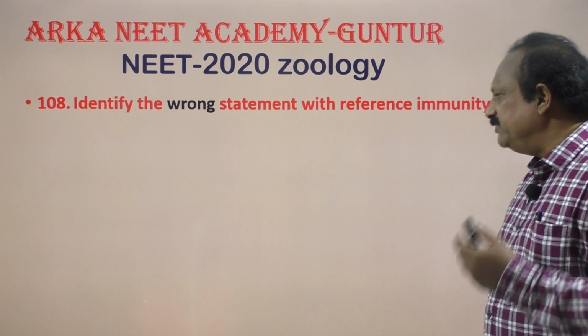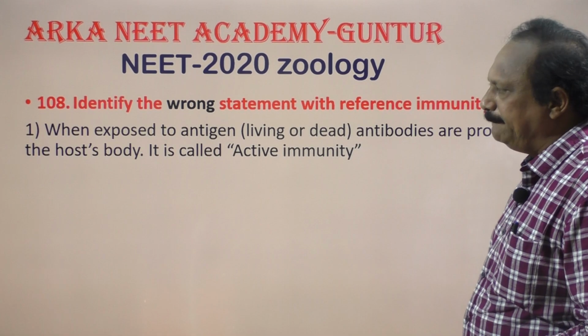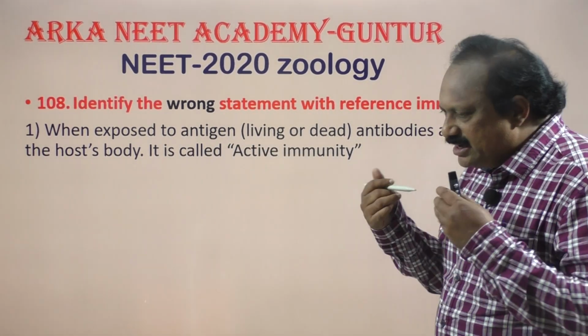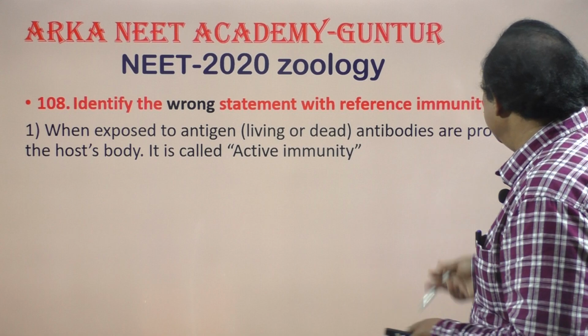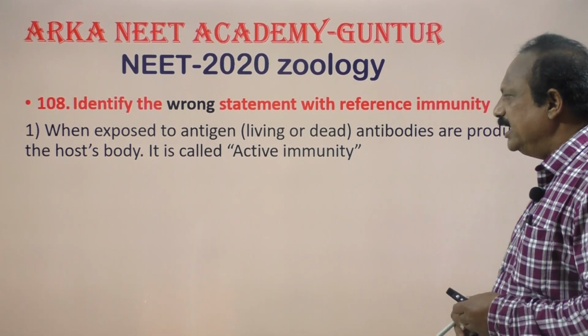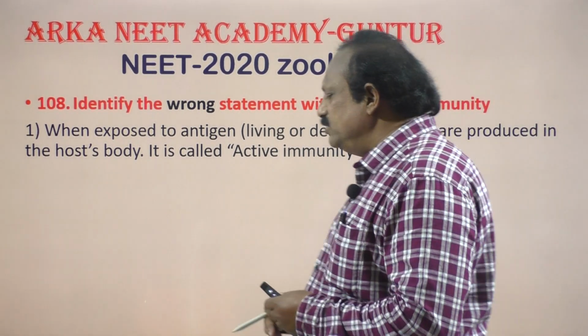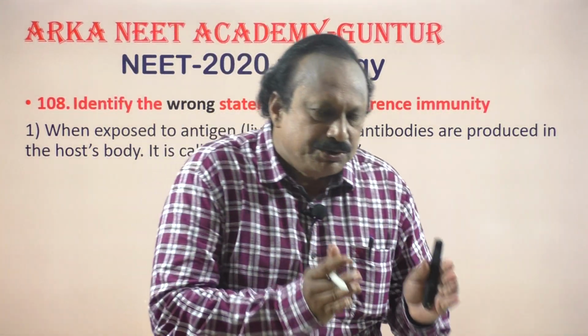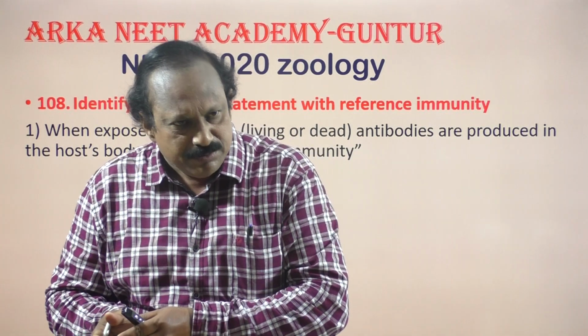Identify the wrong statement with reference to immunity. Next comment. When exposed to the antigen, whether it is living or dead, antibodies are produced in the host body. It is called active immunity. Immunity is of 2 types, active immunity and passive immunity.